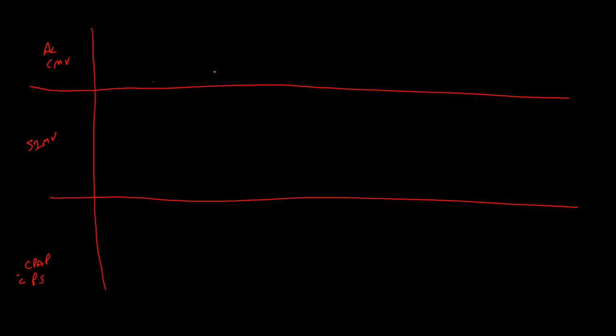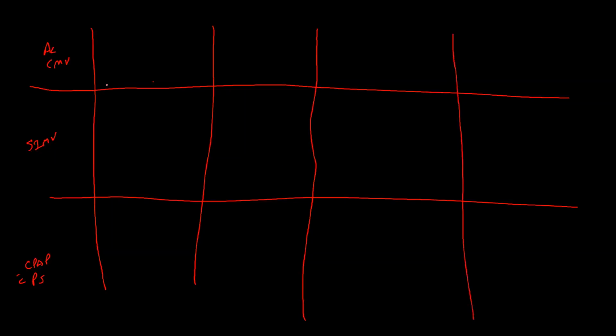Okay, let's draw some windows here. This is not nice and straight, but first of all, we know that the windows are going to be as big as they need to be based on the respiratory rate.